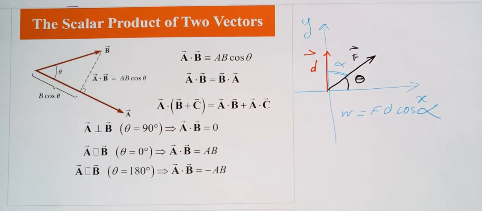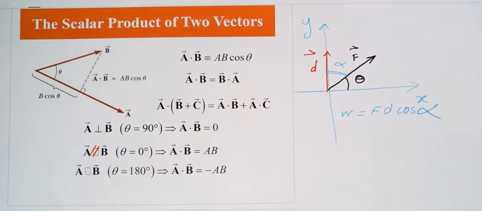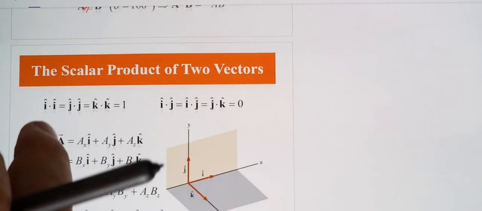Now if A and B are parallel, A is parallel to B, and the angle between them is 0, then A dot B is nothing but AB, the magnitude of A multiplied by the magnitude of B. And if they are parallel but opposite in sign, meaning the angle is 180, it will be just a minus sign, the magnitude of A multiplied by the magnitude of B.